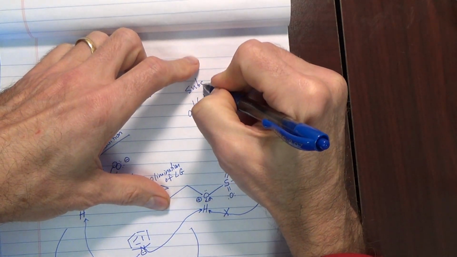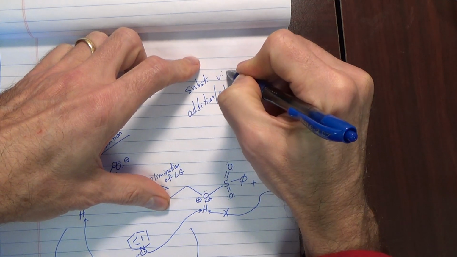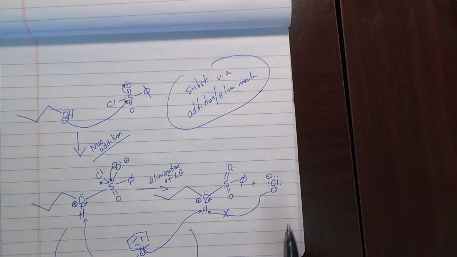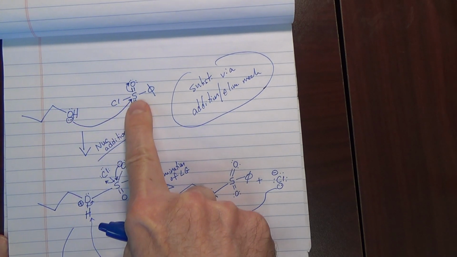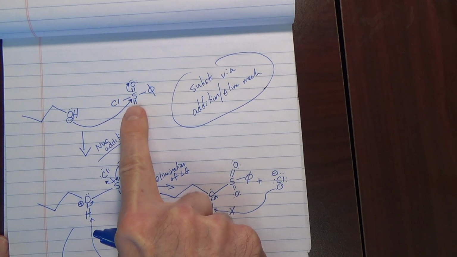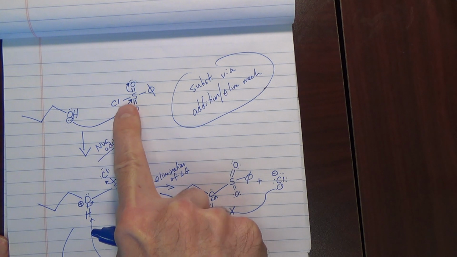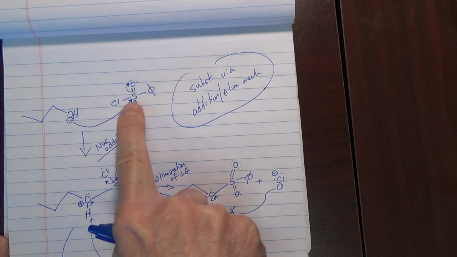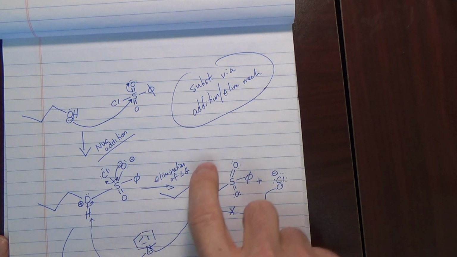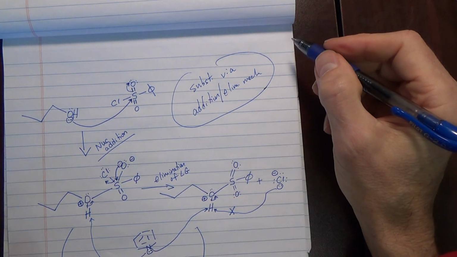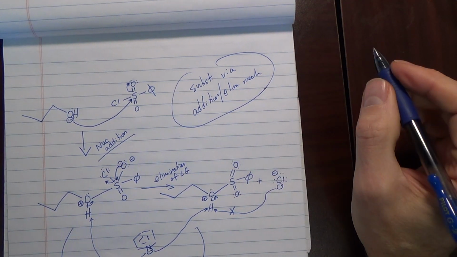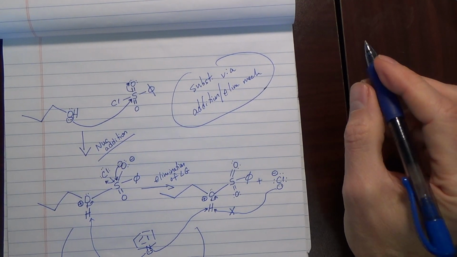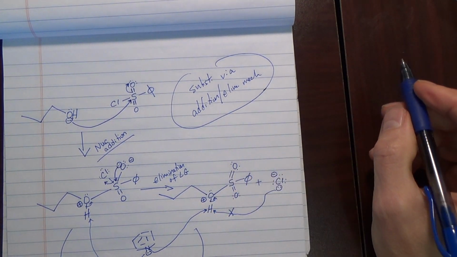It is a substitution mechanism because the oxygen replaced the chlorine. Instead of a chlorine bonded to the sulfur, we now have an oxygen. It is a substitution. The mechanism is not SN1, not SN2. It's actually a new substitution mechanism, referred to as addition elimination.